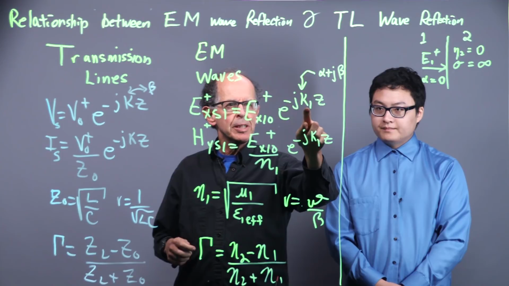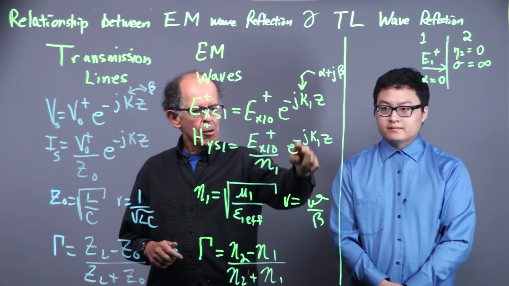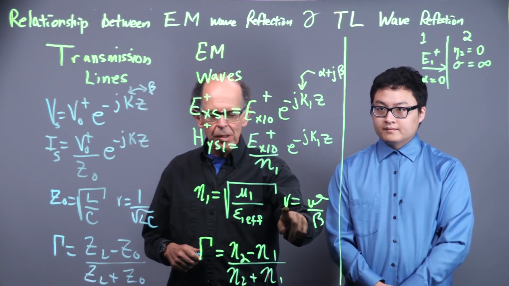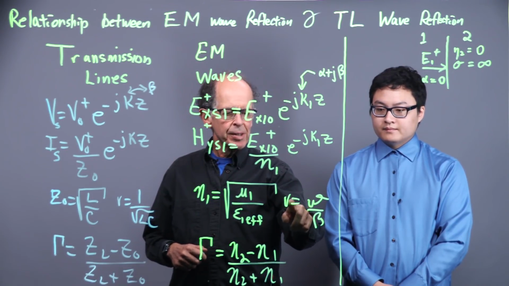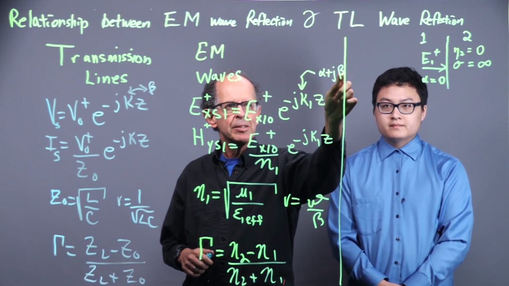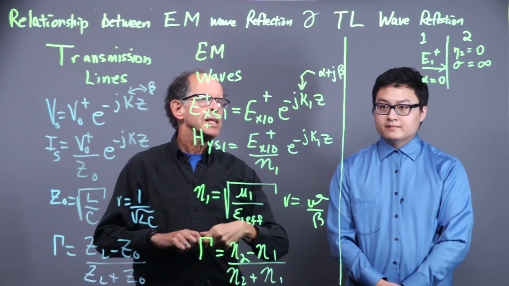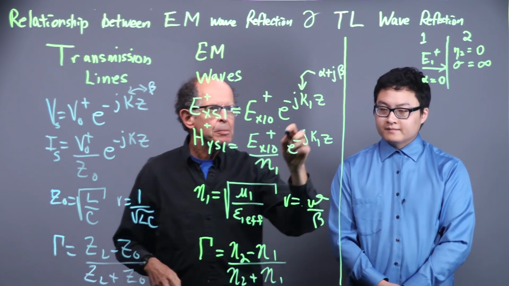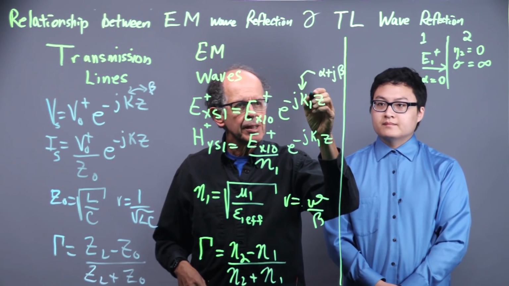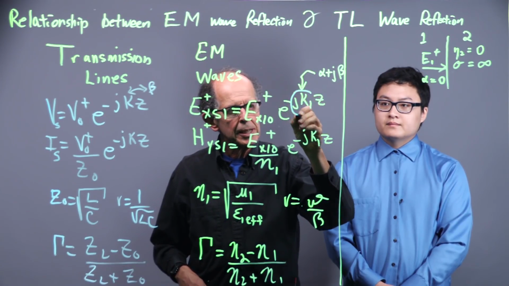Furthermore, since the K1 can be alpha plus j beta, it's always going to be true that the phase velocity V is equal to omega over beta. So beta is the imaginary part of K1. Now, really, when we do this, we have to think that it's not just K1, it's actually jK1.